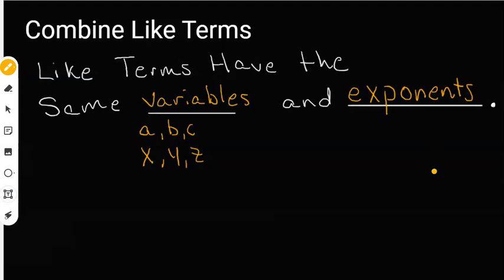So what do I mean by exponents? I'm talking about those powers that we learned yesterday. X squared, X cubed, stuff like that. It's going to look something like this.